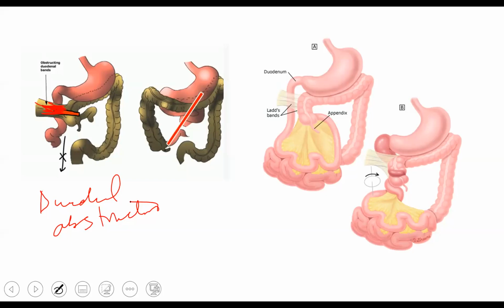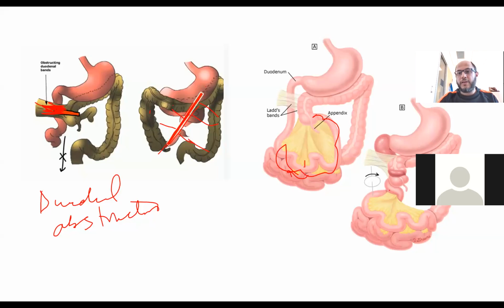Also, because of the failure of the superior mesenteric to descend and make a web or cover the whole bowel and keep it steady, now the bowel rotates freely, and that increases the risk of malrotation volvulus. So what happens? The bowel becomes loose, and that increases the risk of volvulus.